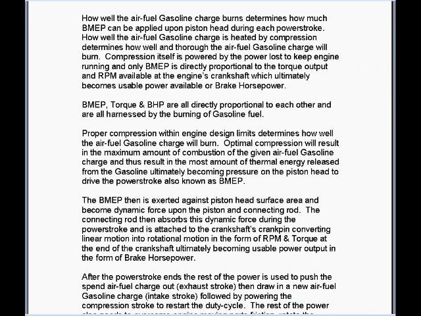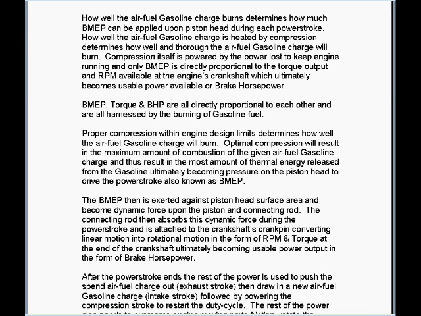So how well the air-fuel gasoline charge burns determines how much BMEP can be applied upon the piston head during each power stroke. How well the air-fuel gasoline charge is heated up by compression determines how well and thoroughly the charge will burn.